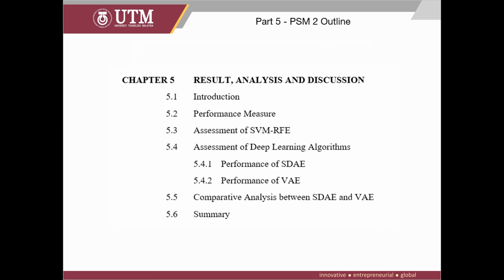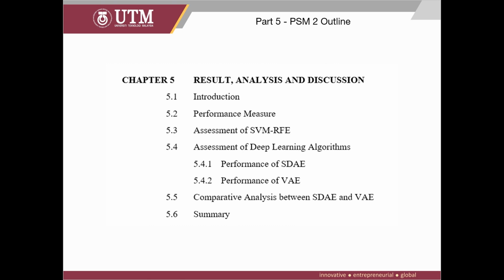For chapter 5, I will include the performance measures that I have used to measure the performance of my algorithms. Next, I will also assess the result of the SVM RFE. And next, I will also assess the deep learning algorithms.